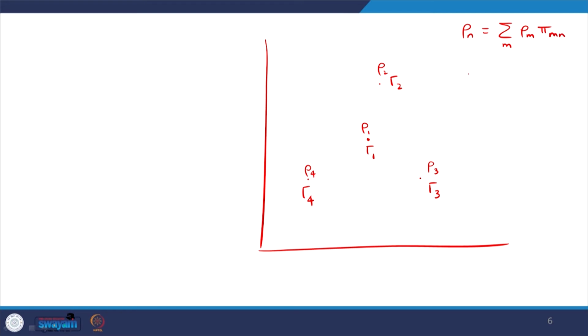So, what this means is that at the stationary solution, for example, for n equal to 1, rho 1 will be equal to rho 1 pi 1 1 plus rho 2 pi 2 1 plus rho 3 pi 3 1 plus rho 4 pi 4 1, right.